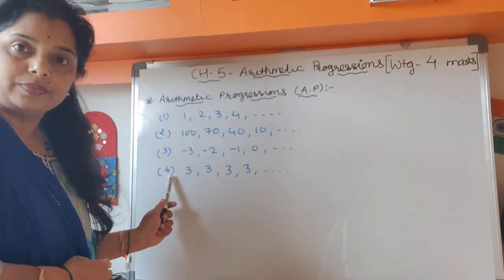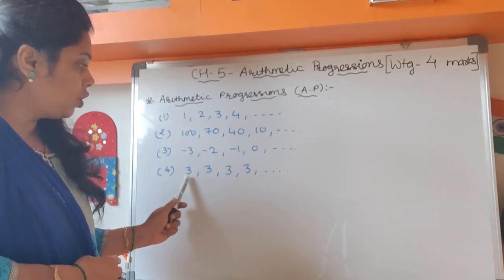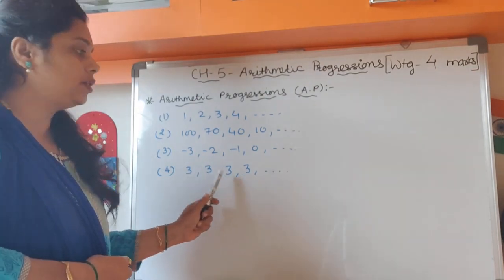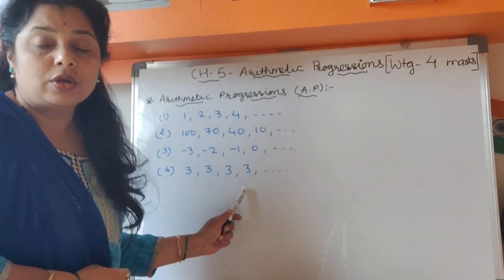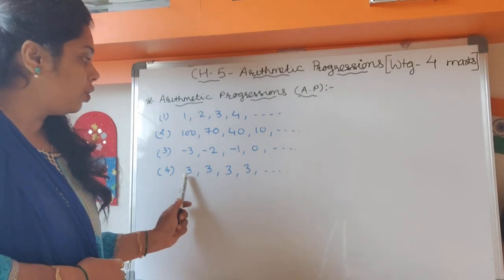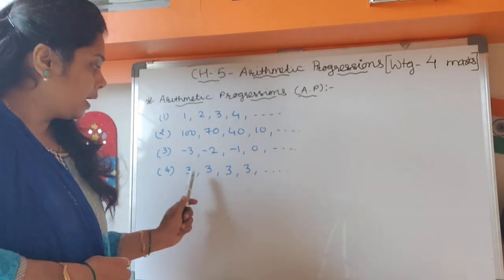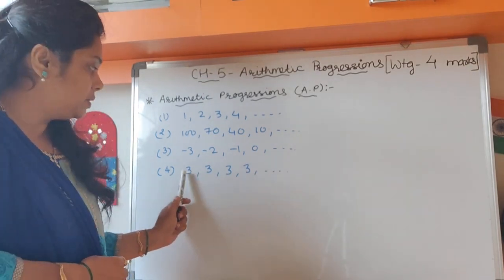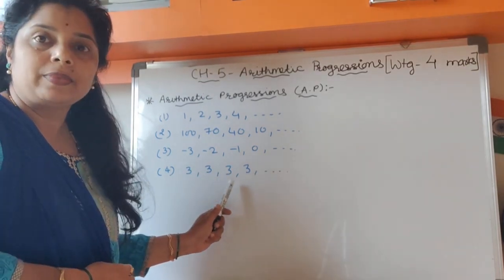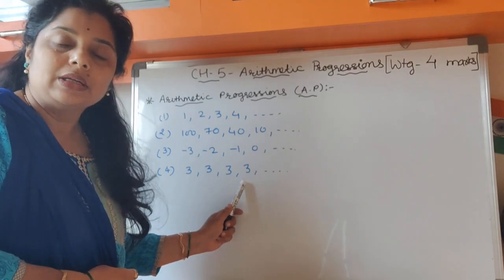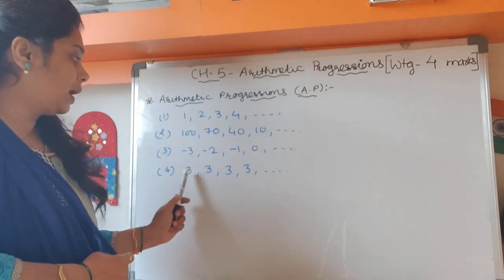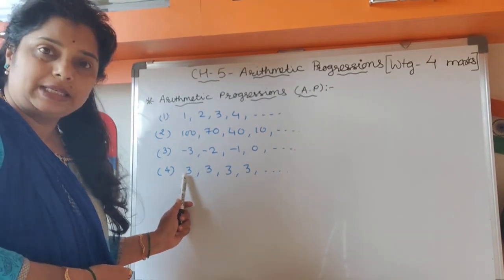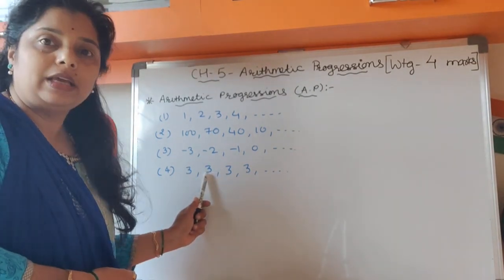Now in the last one, the fourth case, all the numbers are the same: 3, 3, 3, 3, whether it is the first, second, third or fourth term. So first term is 3, second term is 3, third term is 3 and fourth term is 3. So we can say that by adding 0 to the preceding term, we get the succeeding term.